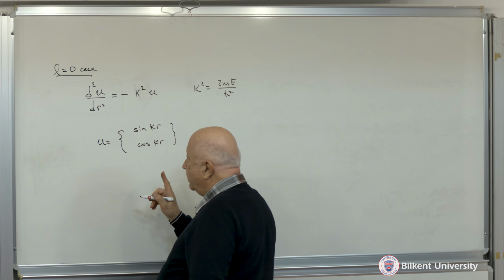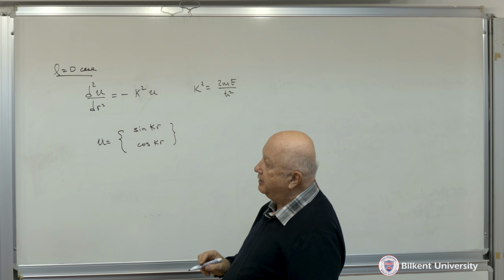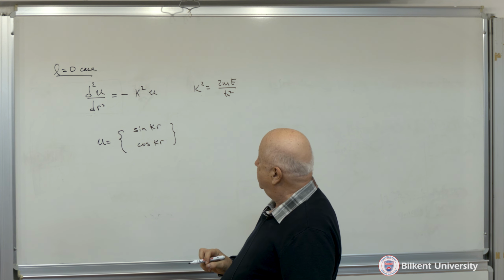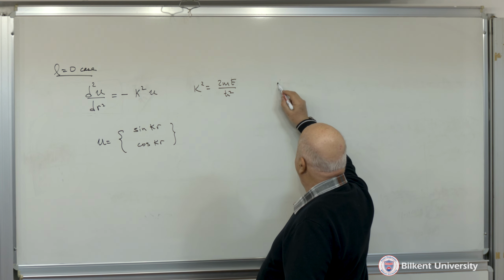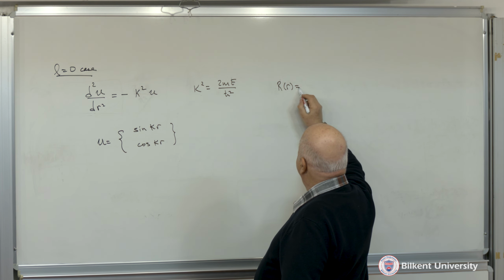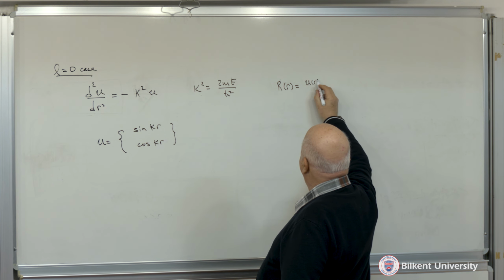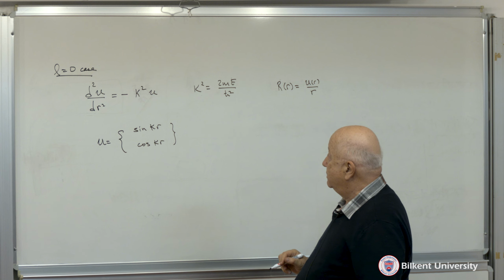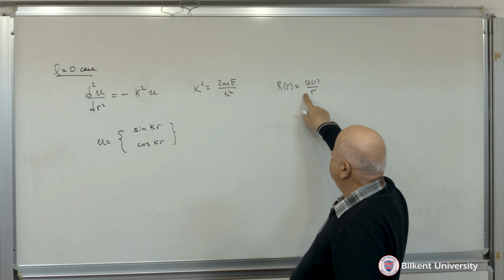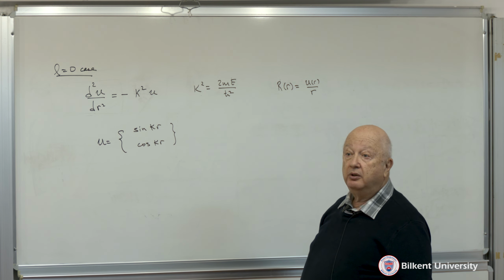Now, we have to look a little carefully again at the boundary condition, because at r equal to 0 we have interesting things happening. So let me remind you that our wave function is going to be u of r over r, and I don't want anything that diverges at r going to 0.